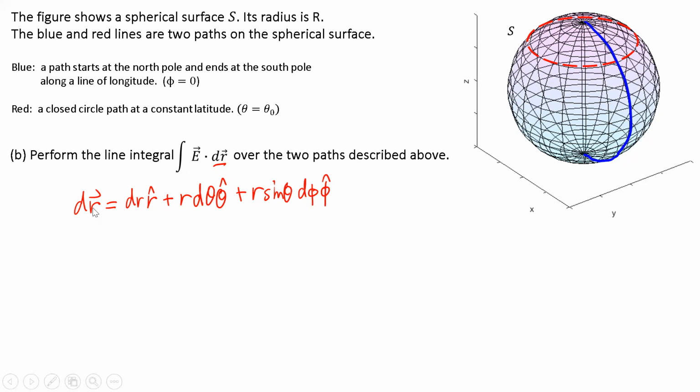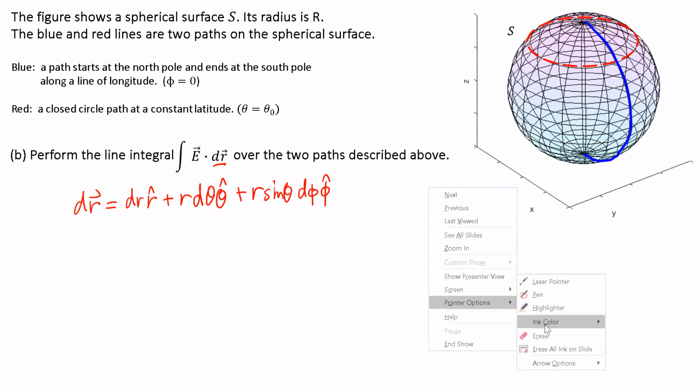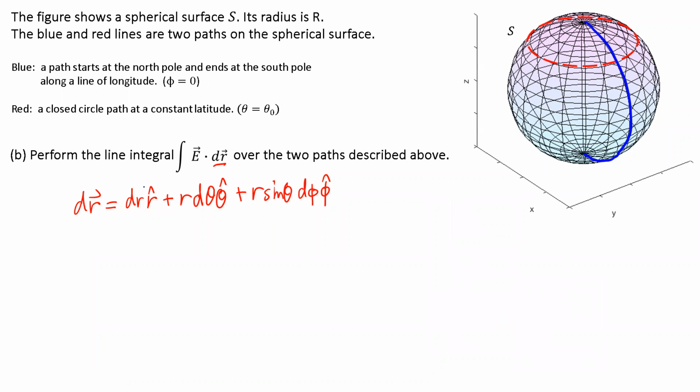Because your r coordinate and your phi coordinate are not changing when you're walking along this blue path, your dr, this term is 0, and this term is also 0.